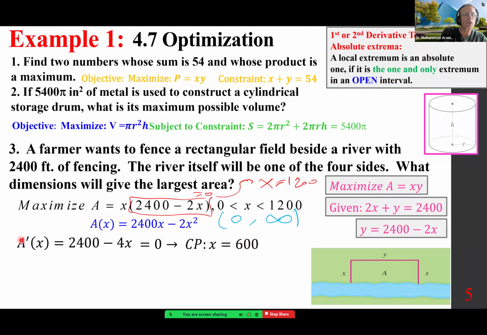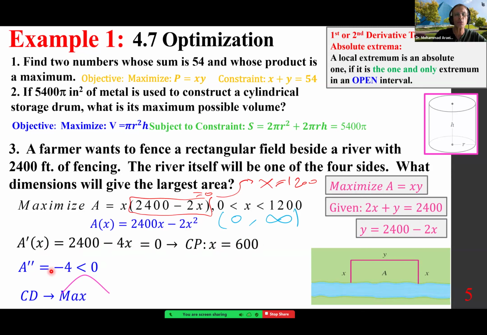So it's easier to do A double prime, the second derivative test, which is negative 4. We are interested in the sign. It makes it concave down, looking like that. So the maximum occurs at that point. Remember, you have to evaluate A double prime at the critical point, but it is independent of x. Whether it's x equals 600 or no matter what, it will always be negative.